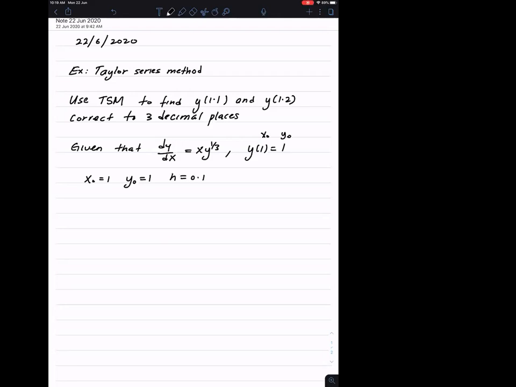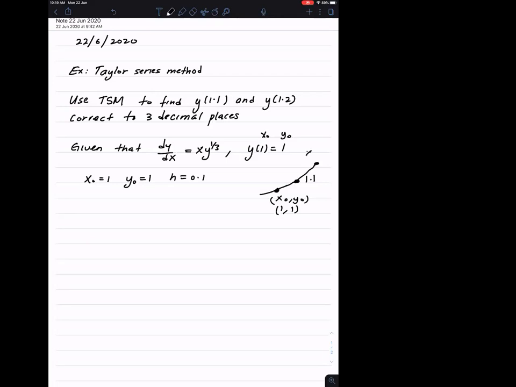How do we know the step size? Because we are given an initial point, and we are told the x value of the initial point is 1. The y value is also 1. So you're told to find 1.1, and then 1.2.